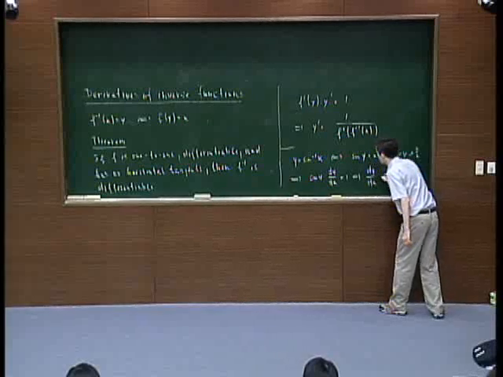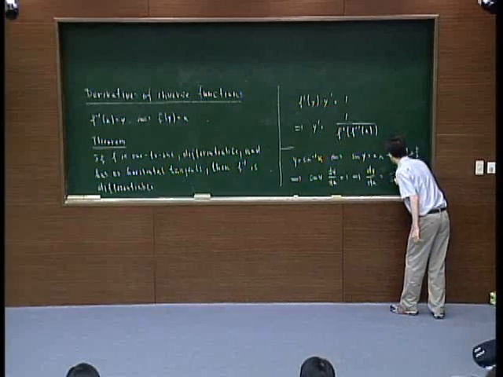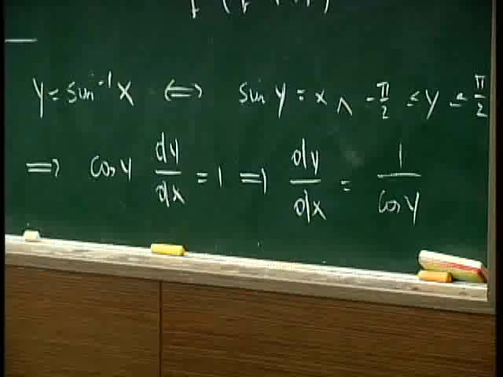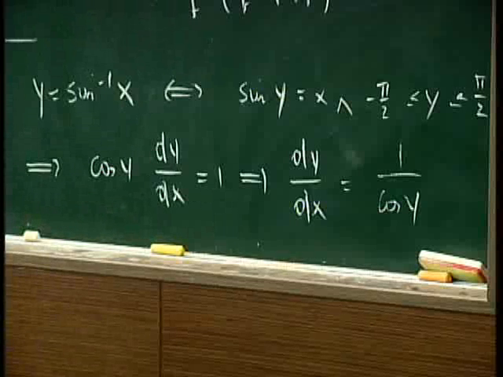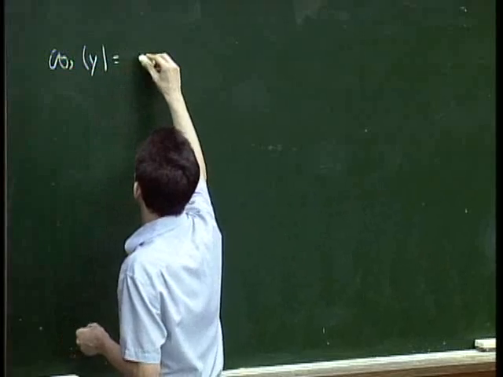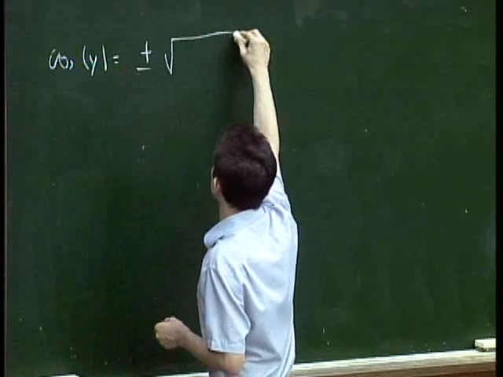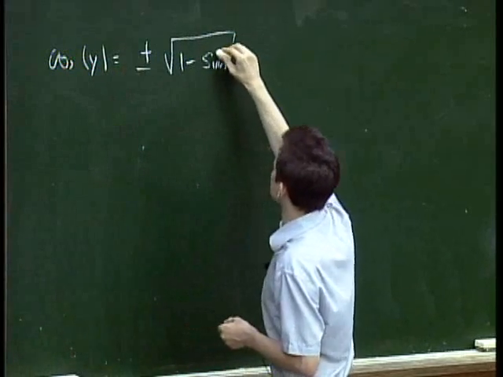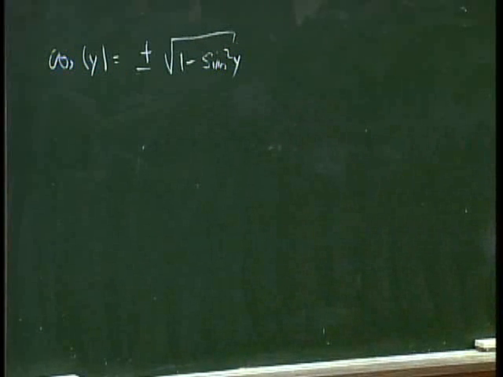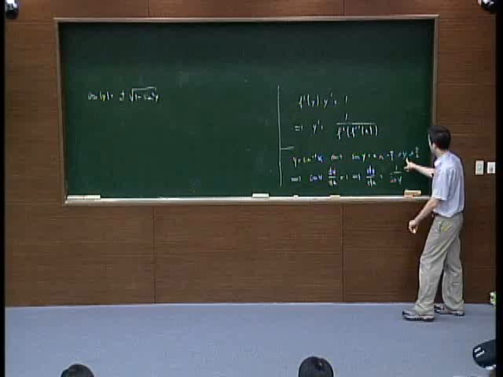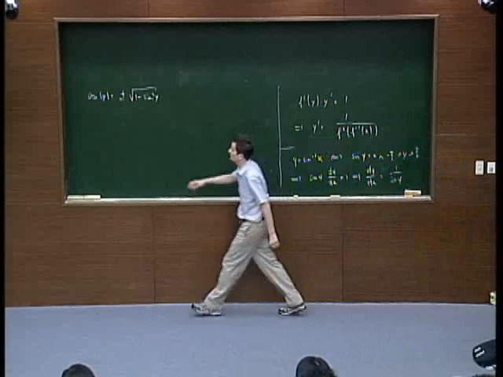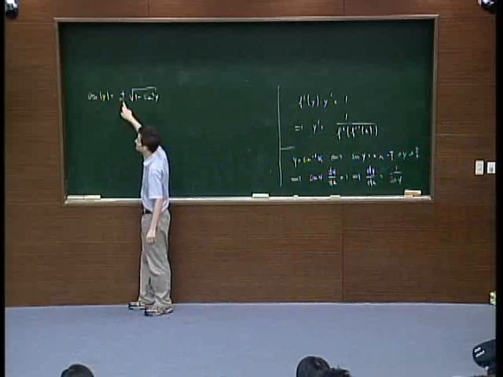This means that dy over dx is equal to 1 over the cosine of y. And now, you know that the cosine of y is equal to plus or minus the square root of 1 minus the sine squared of y. You also see that, because for y we have this range here, in this range the cosine of y is positive, so it's certainly not the minus solution.